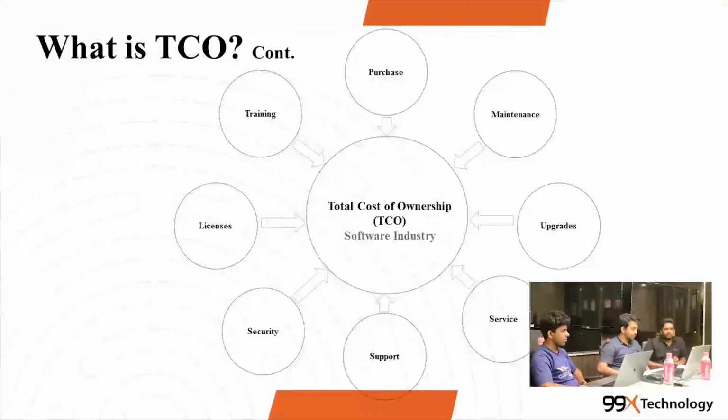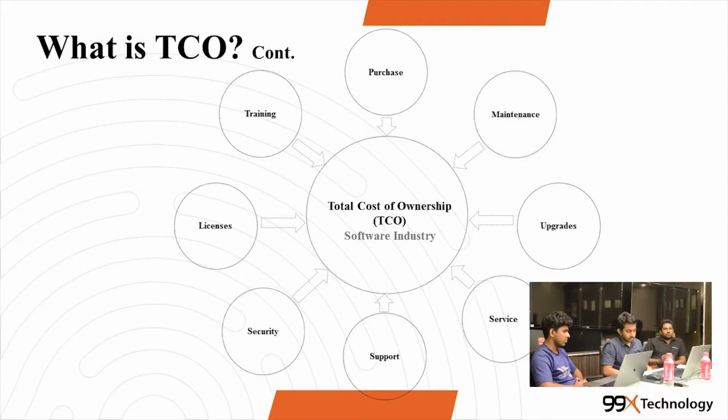Okay, got it. When we come to the software industry, we know there are so many words, training, purchases, maintenance, kind of things in the software world. In software TCO calculation, purchasing price is only a single element. As you said, there are so many direct and indirect variables that are useful for the TCO calculation, like licensing, security, support, services.